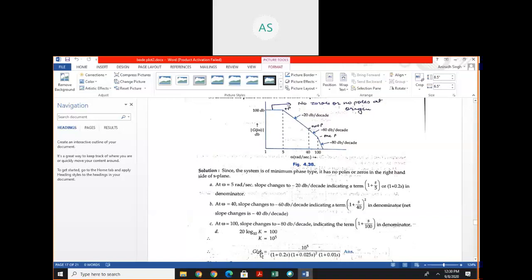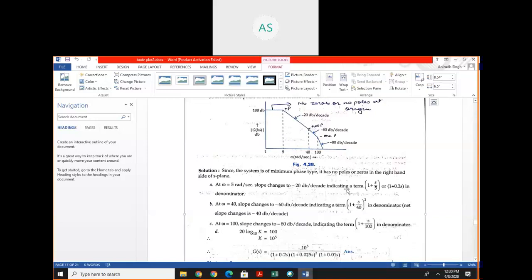So G(s) is equal to 10 raised to the power 5. The first corner frequency is 5, and at this corner frequency there is a change of slope from 0 to minus 20 dB. 0 to minus 20 dB means that one pole is added at this frequency.